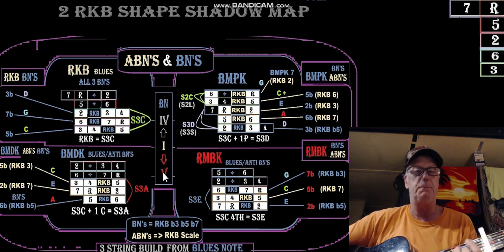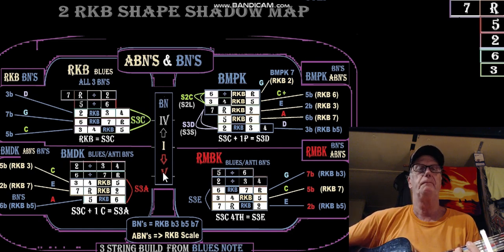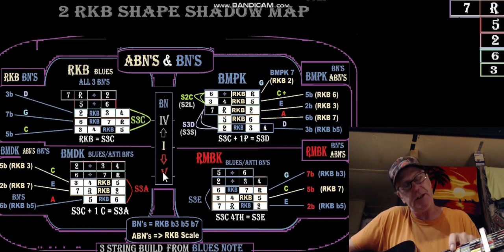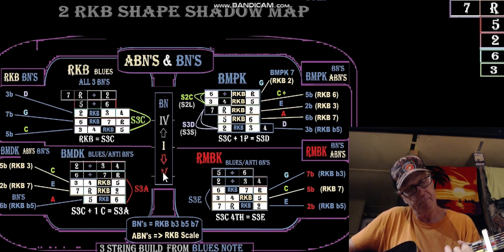It takes the shape of an E. How is that? Let's start a C pattern from the 2nd string. It becomes an E pattern.